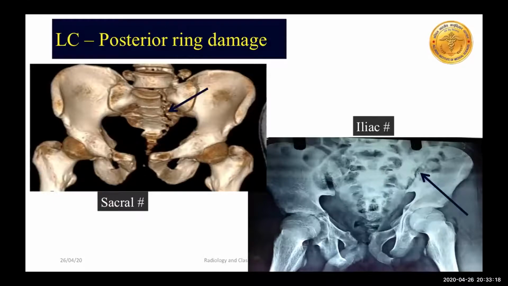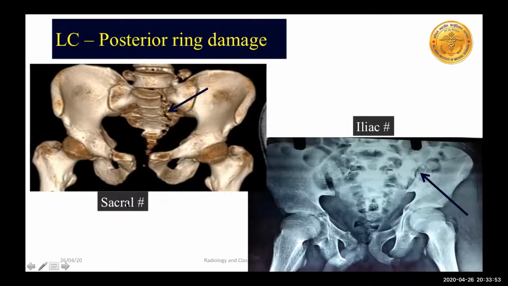The posterior ring damage essentially can be of 2 types. One, you can have iliac fractures, which are crescent fractures. You can have 3 types of crescent fractures, where the fracture exiting through the SI joint can involve one third, middle third, or almost two thirds of the SI joint complex. So depending upon where the crescent fragment exits or enters the SI joint, you can have 3 different types of iliac fractures, posterior injuries associated with the crescent fracture complex of an LC injury.